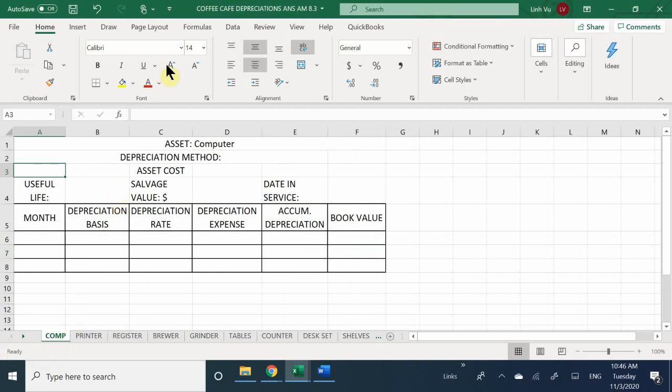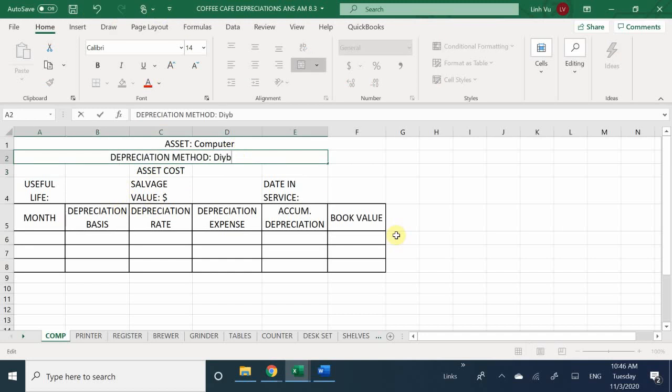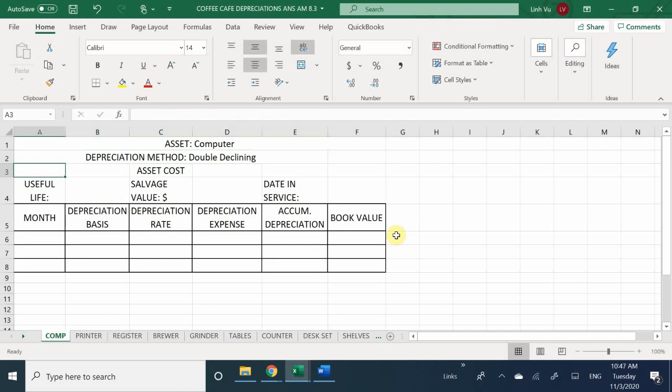Okay, so we know it's double declining. Okay. We know that they're 5 years with no residual value.